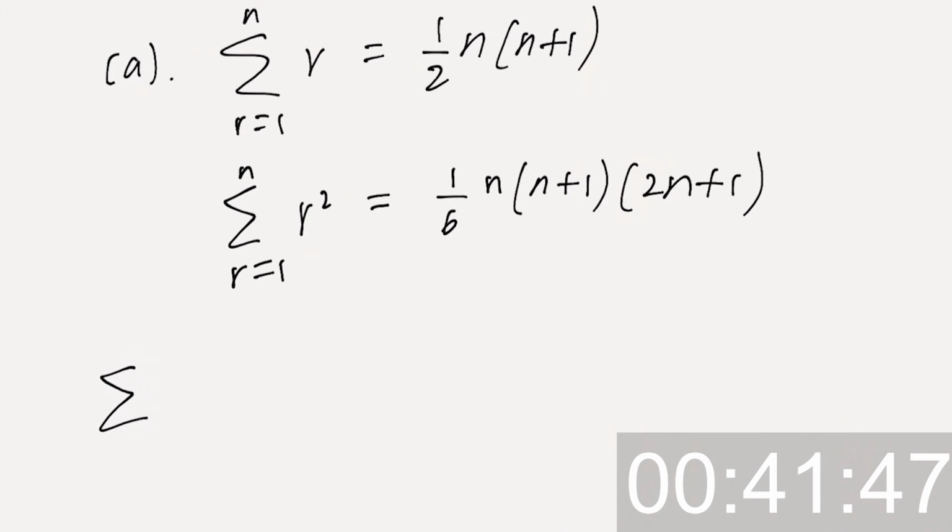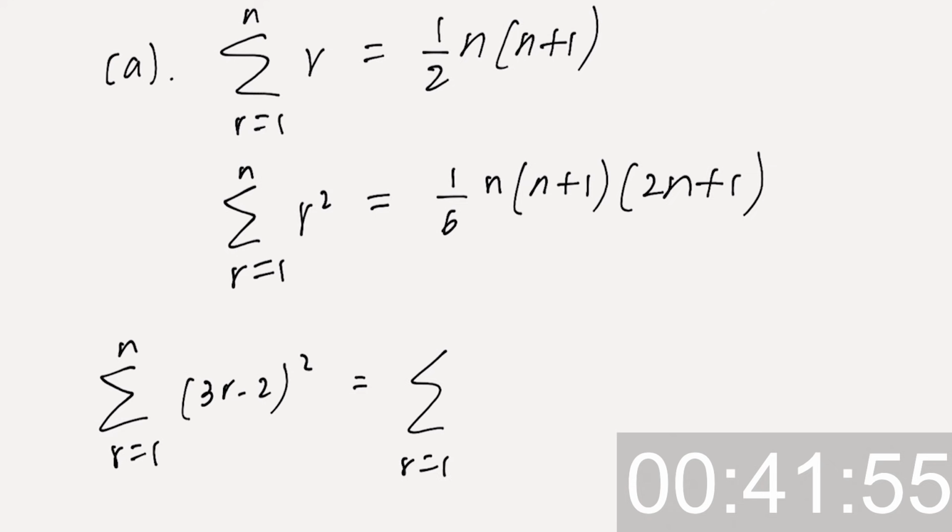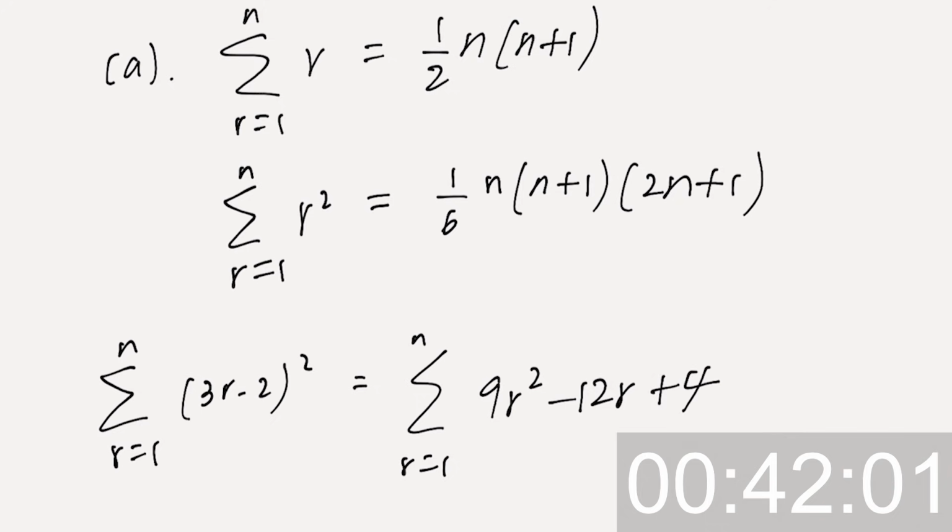Right, so I know those, and I've got to work out 3r minus 2 squared, so I'm going to have to expand that out. So if I want to know 3r minus 2 squared from 1 to n, okay, so that's the sum 1 to n of 9r squared minus 12r plus 4.